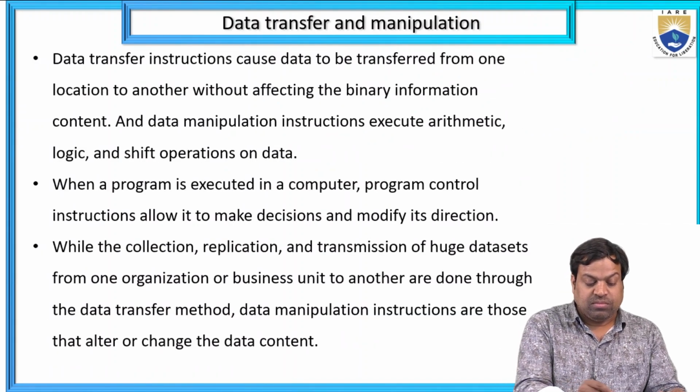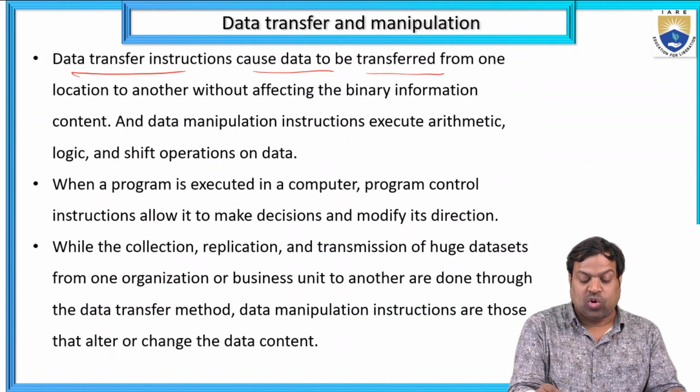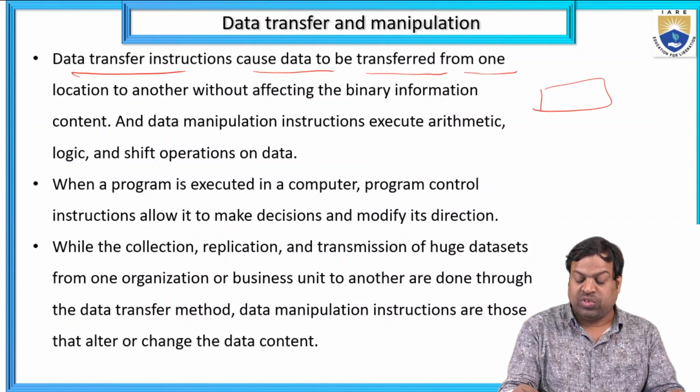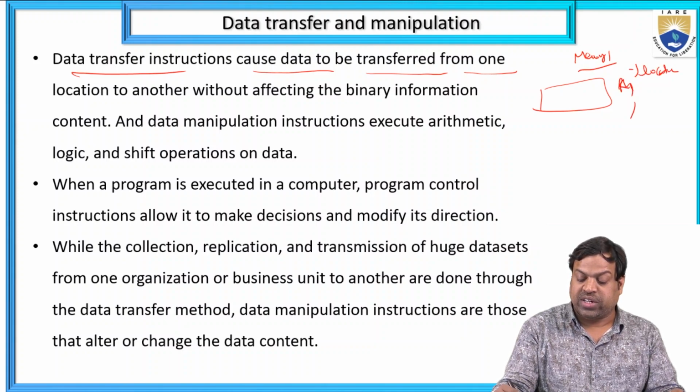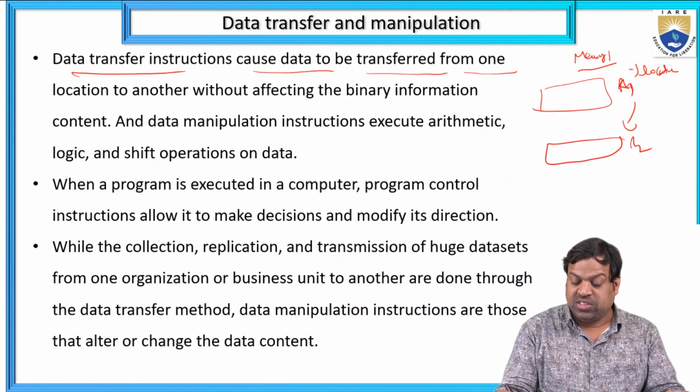So data transfer instructions cause data to be transferred from one location to another. That means R1 is located in one memory location and R1 data is converted to R2, maybe in another memory location.